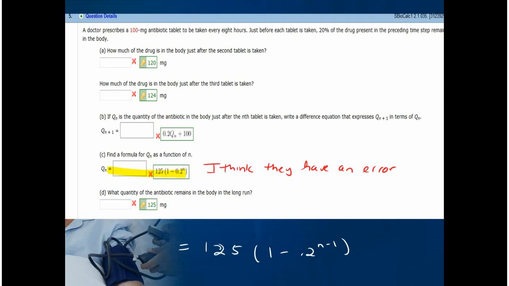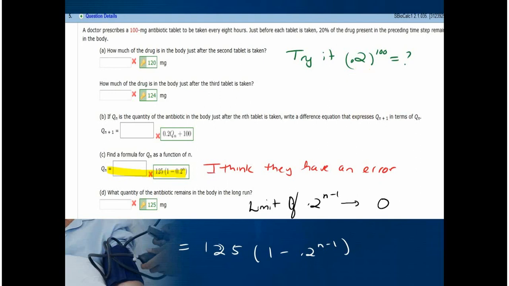So they want to know what quantity of the antibiotic remains in the body in the long run. Well, they want the long-term behavior. Well, it turns out in this formula here that 0.2 to the n minus 1 actually goes to 0 as n gets large. Why? Well, take 0.2 to the 100. We did that in the 1 o'clock class.